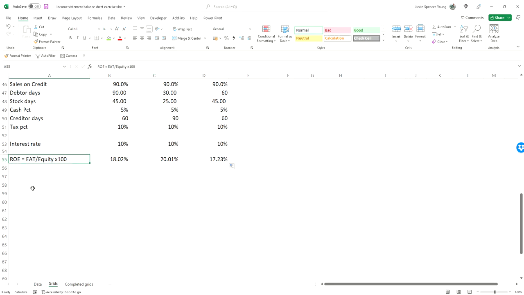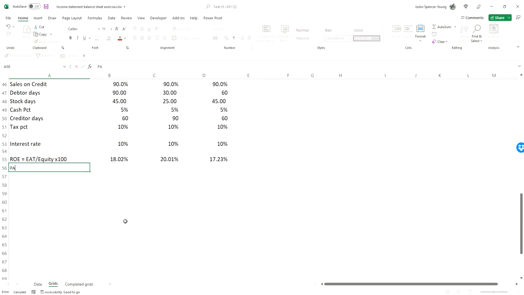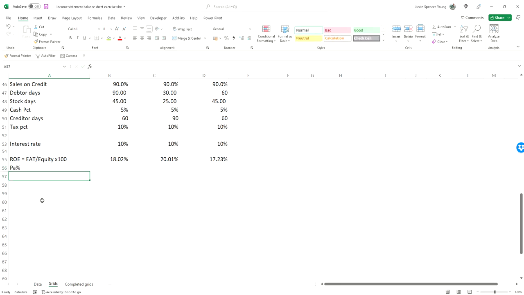I'm not going to go into the theory behind this, but there are 3 drivers to return on equity. If we know the profit after tax, I'm going to call this PAT percentage. If we know what the profit after tax percentage is, and if we know what the activity of the business is, you could think of this as the efficiency.